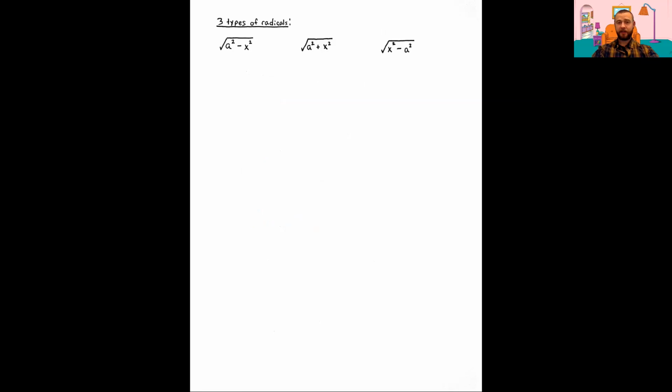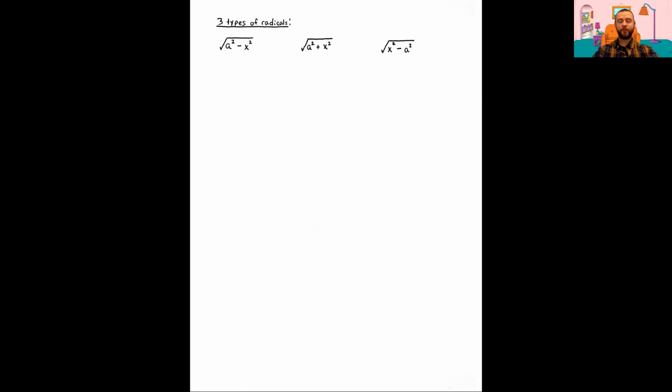Just to focus our lecture for the simpler examples within part 1 and 2 of this lecture, we're going to look at 3 standard types of radicals. And they're specially chosen to be relevant to what we'll be learning in your first course on integral calculus, which is what we're learning about now.